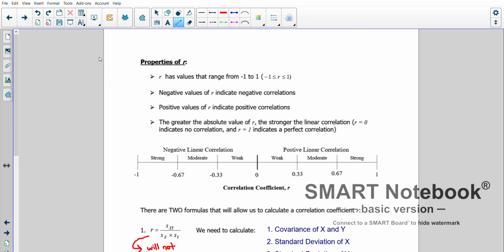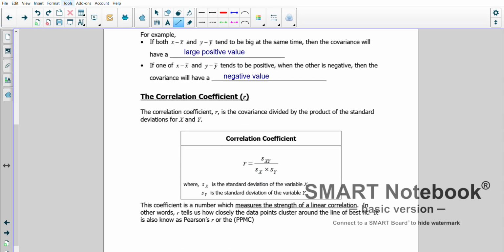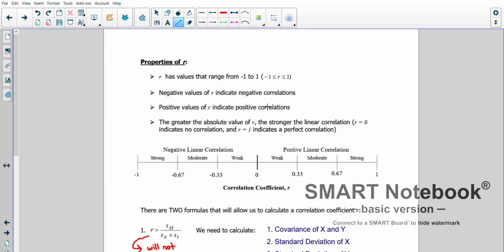When we use a version of this formula, it's going to spit out a number, and that number will have context and meaning for us. It will spit out a number between -1 and +1. If it's a negative value, that would imply a negative correlation. If it's a positive value, it would be a positive correlation. And the closer the value is to 1, the stronger the correlation.